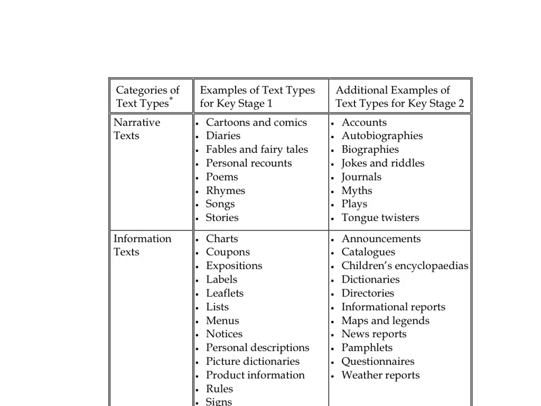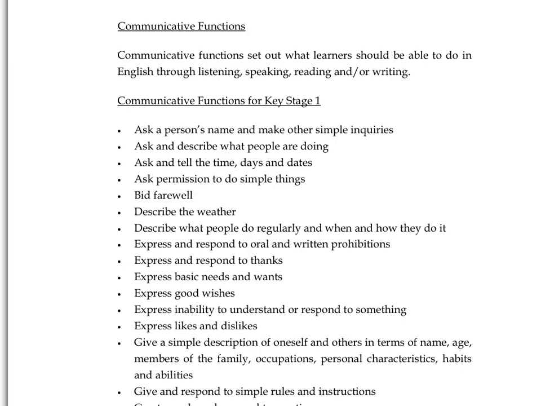They also have different organizations of content. Communicative functions refers to the specific things that we want to do in certain social encounters, such as asking a person's name, asking and describing what people are doing, asking and telling the time and dates, and asking permission to do simple things.